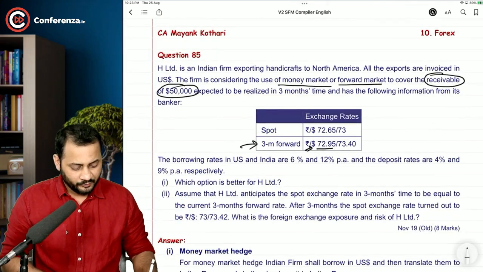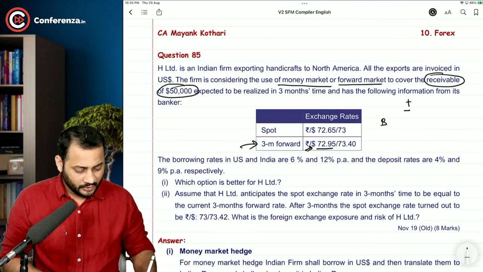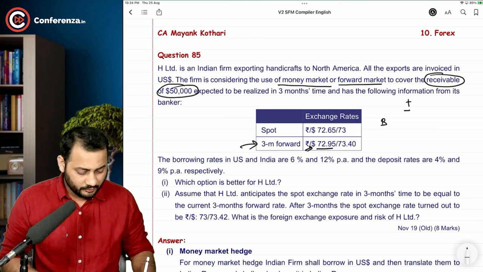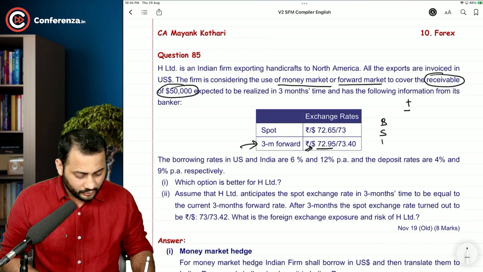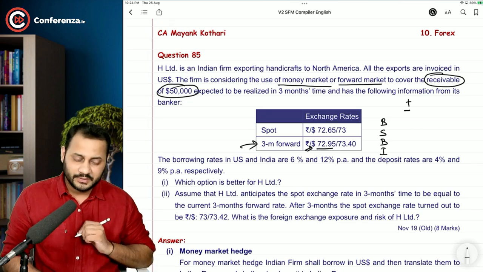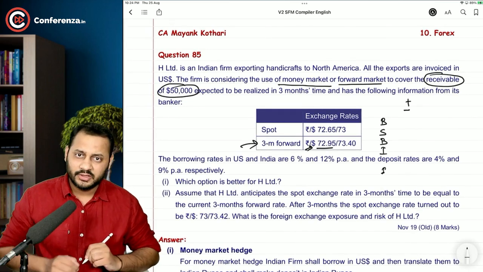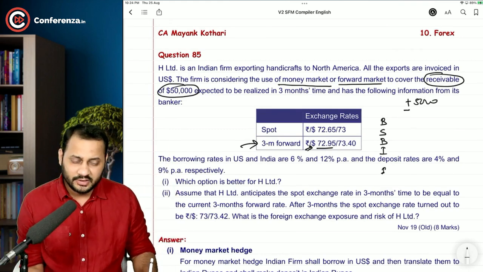Money market is that we have receivable, create payable, and for that purpose you will borrow the present value, and after borrowing it, you will sell it in the spot market to the foreign currency, and you will buy the home currency, and you will invest that home currency, and the investment proceeds will be there. Now understand, 50,000 is the receivable.